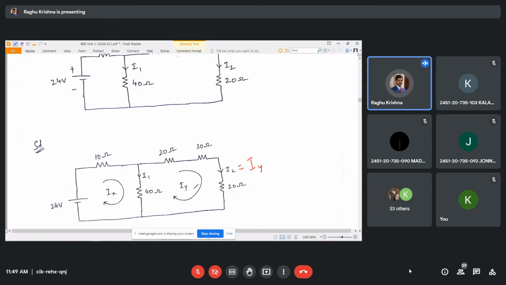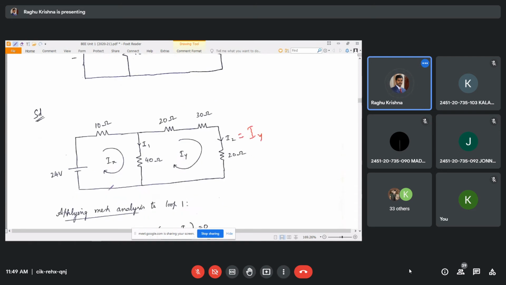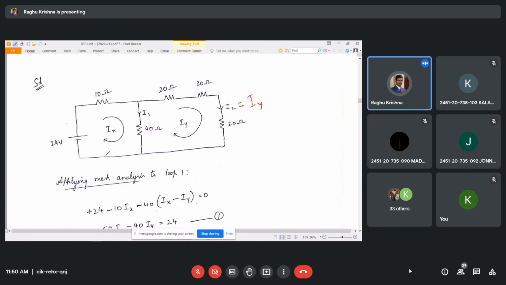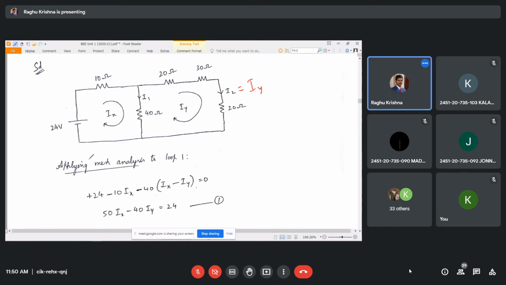For this you have to write the KVL equation for the two loops. See how to write the KVL equation: plus 24. We traverse in the direction of the loop, and in this loop we have to write the KVL equation.